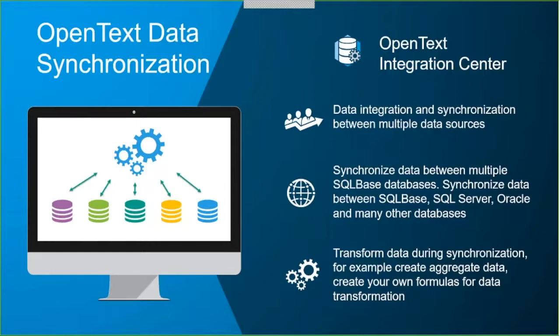Or you can create your own formulas or your own macros for the data transformation. So you can do data type conversions and things like that. So pretty complex things, actually, which are quite nice for large data networks, I would call them. So we have here multiple database servers that in some kind need to be synchronized, and there can be added a lot of intelligence to that synchronization process.